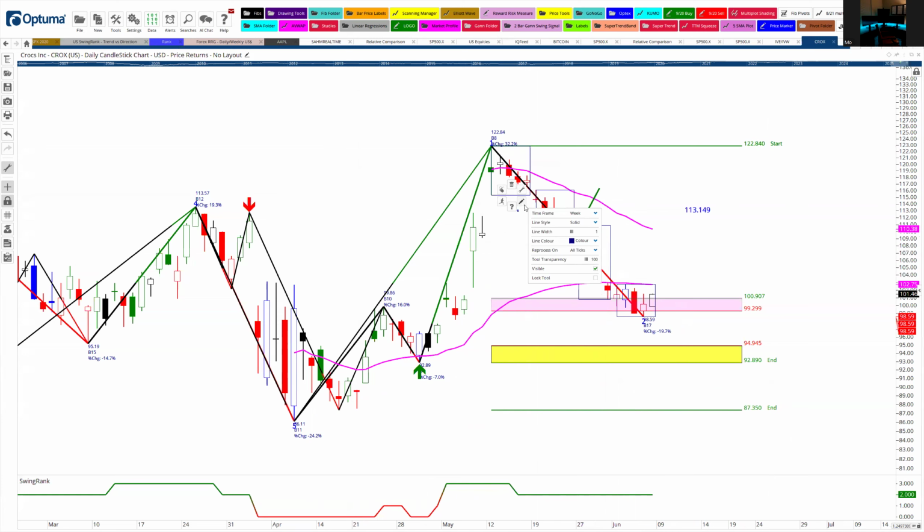So I'm trying to see if this range from 100 to 94, roughly a 6, 7 point range between this zone and this zone, can find support here, and then we'll see if we can make the push back to the upside.